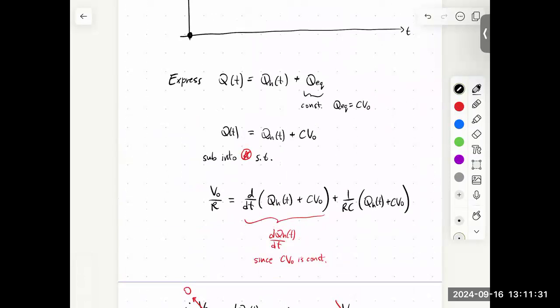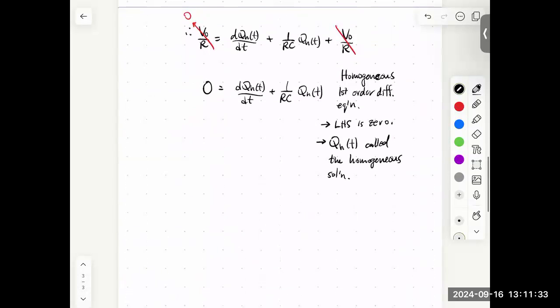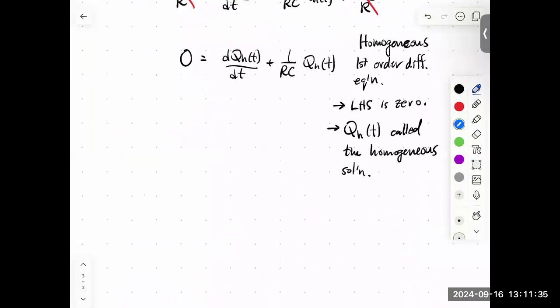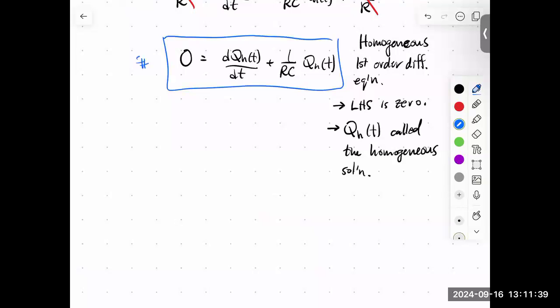Okay, so let's give this equation a name. We used star, so I'll use number sign. So the goal is to solve number sign, the homogeneous version of the equation, for QH of t.